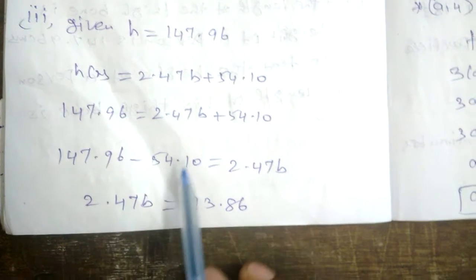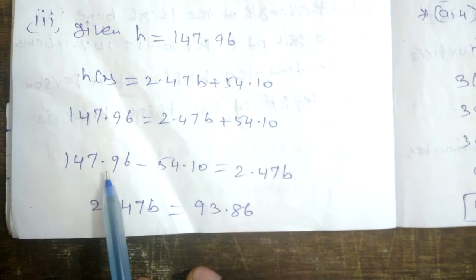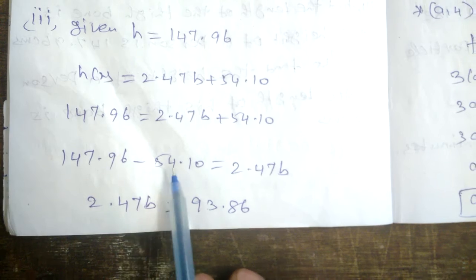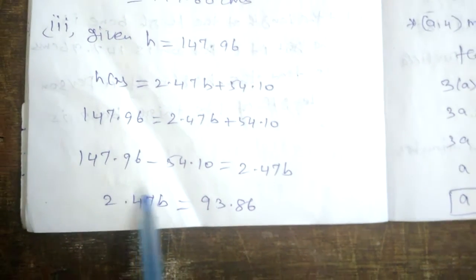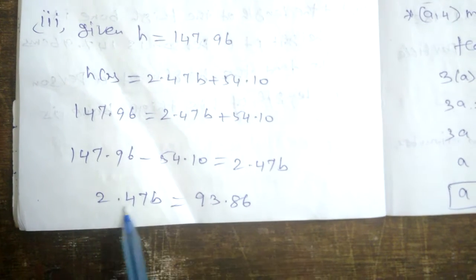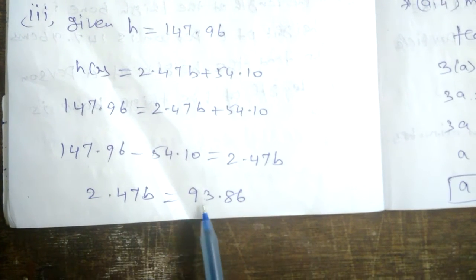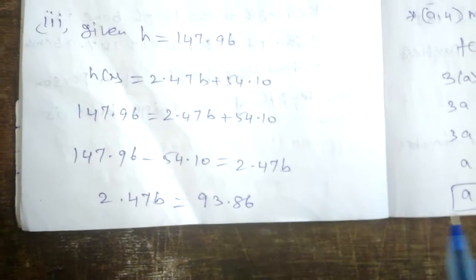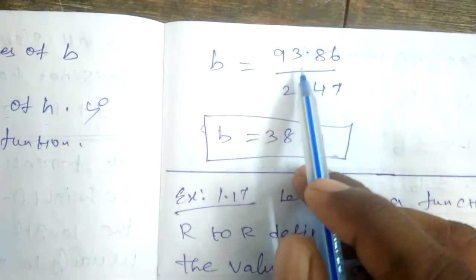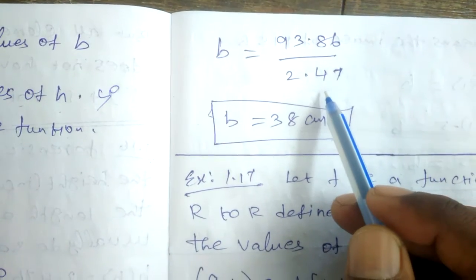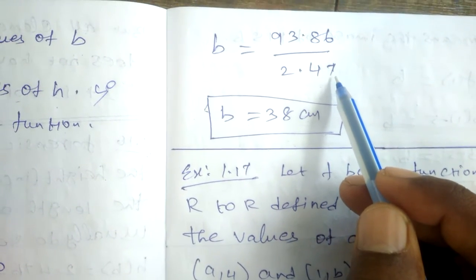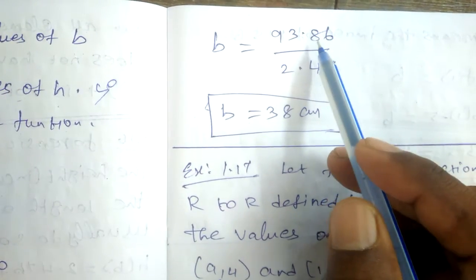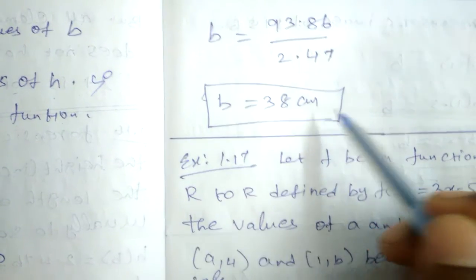It goes to the opposite side as minus: 147.96 minus 54.10 equals 2.47b. Subtracting, 2.47b is equal to 93.86. b is equal to 93.86 divided by 2.47. Dividing, we get 38 centimeters.